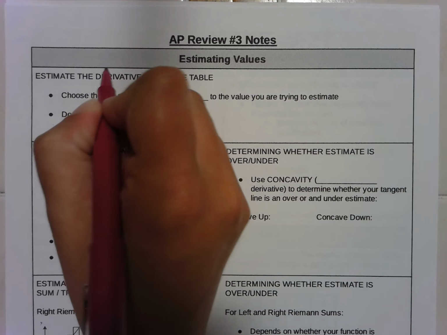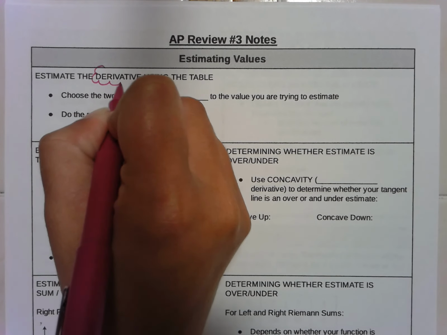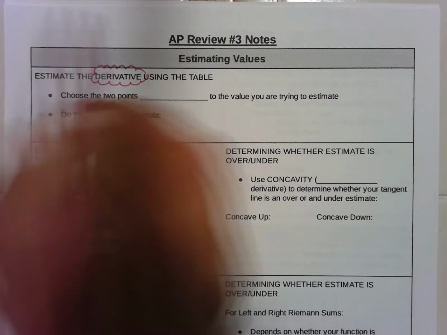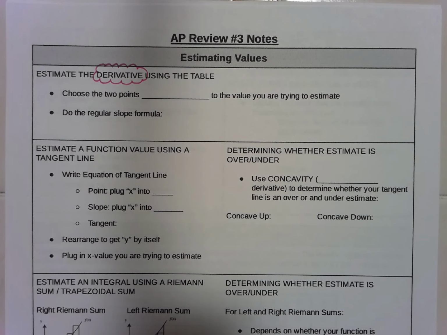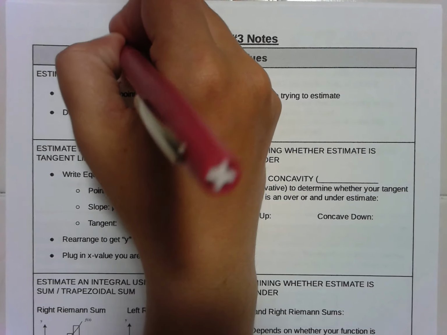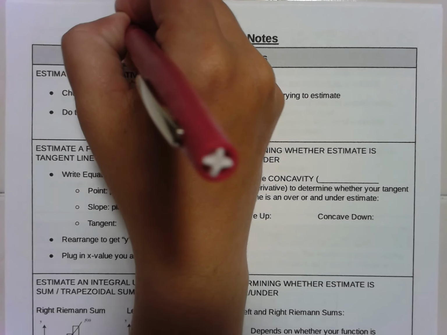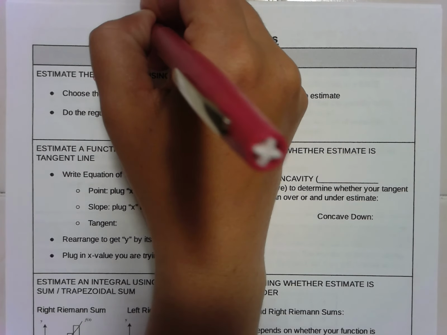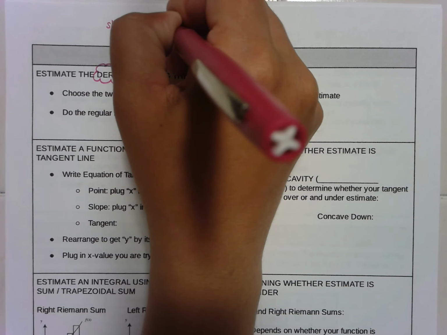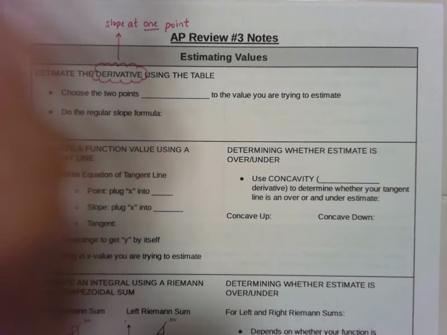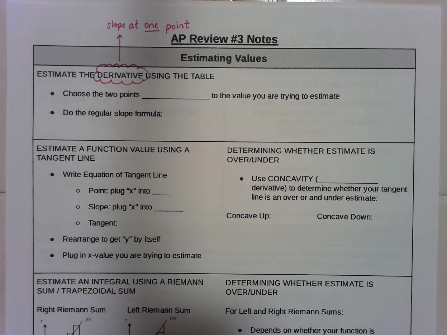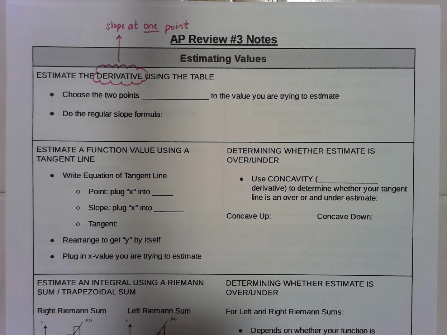The first idea is that we can estimate the derivative of a function using a table of values. Now, obviously, the derivative is the slope at a single point. And so in order to calculate the derivative exactly, you would actually need to have a function, take the derivative, and plug in the number.